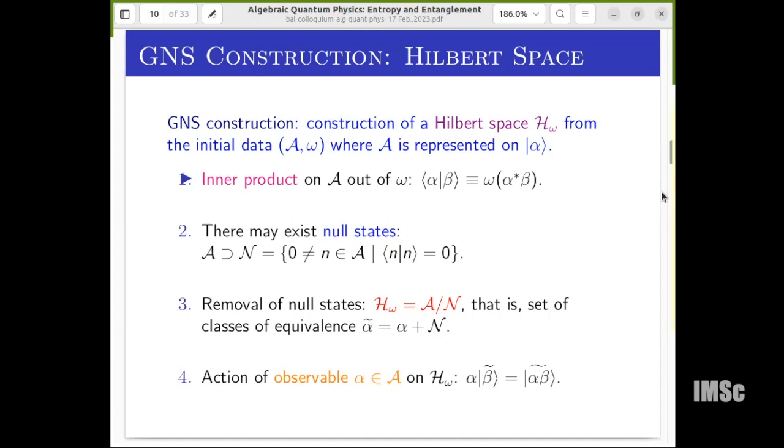So this gives you a Hilbert space where the vectors are built on alpha ket vectors of this kind, and the scalar product is given by the density matrix itself.